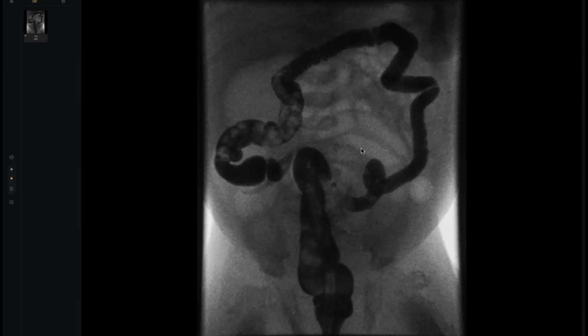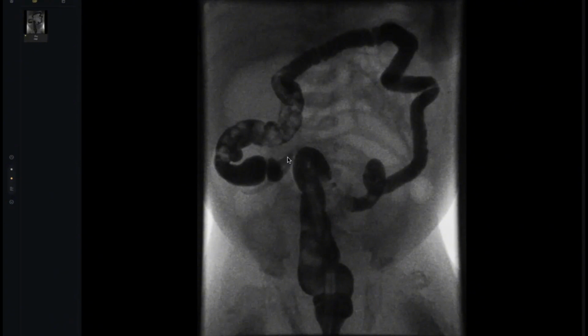Okay. See here. Where is the end of the contrast here? I'm seeing it up to the cecum. So what happened here? The contrast didn't go beyond this.